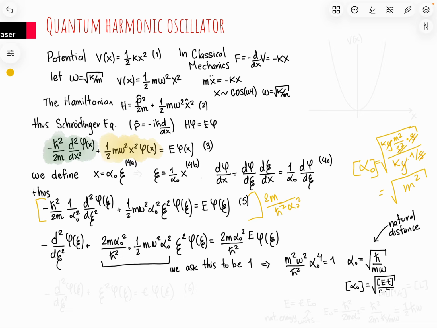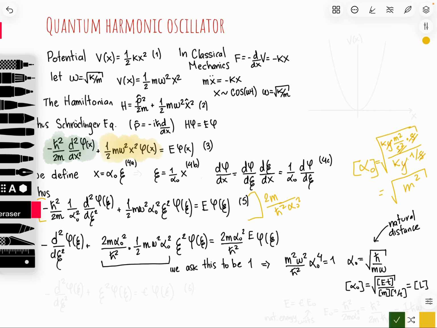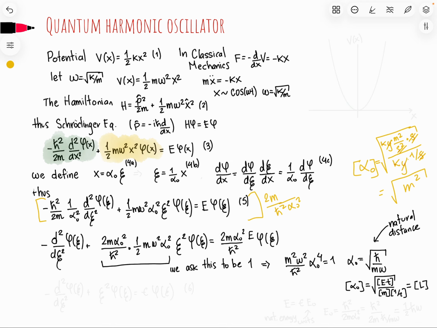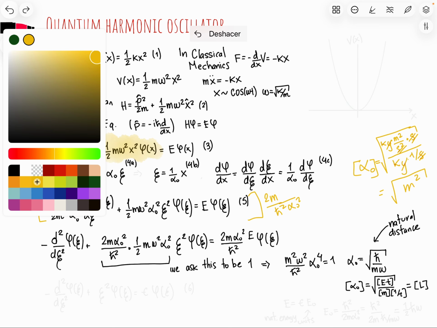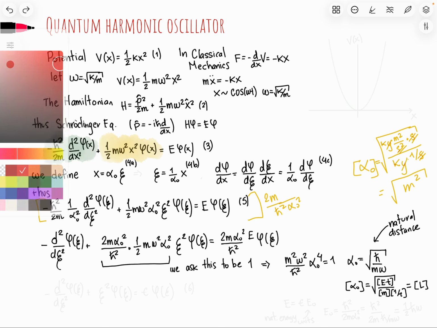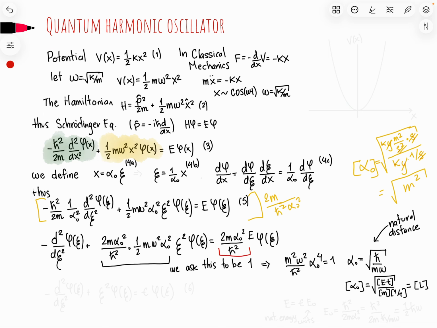I did it here also, in terms of the energy. So it has units of distance. And in the right hand side of this equation, we have this other term. Let me write it in another color, okay? In red, okay. This other term here, we can write it as energy divided by h bar squared over 2 times m alpha naught squared.